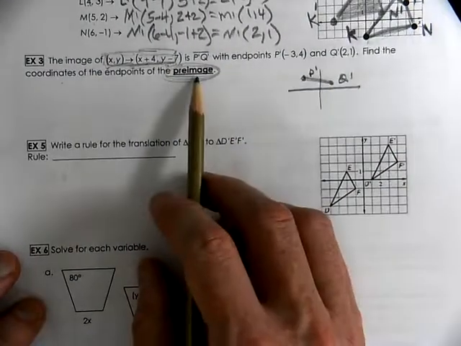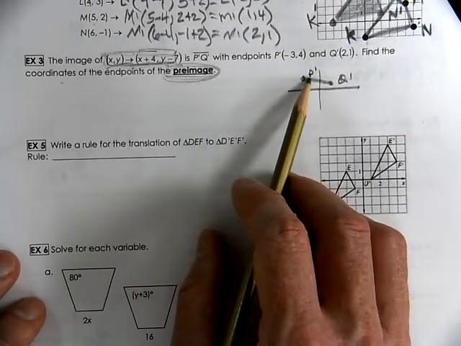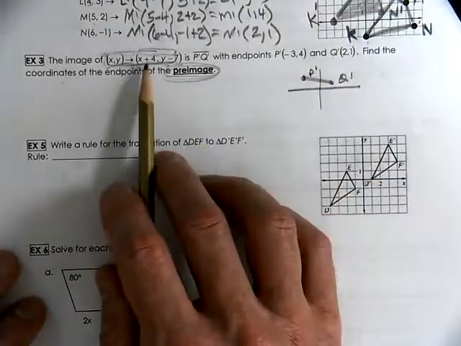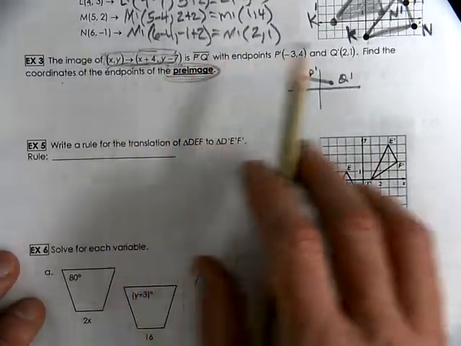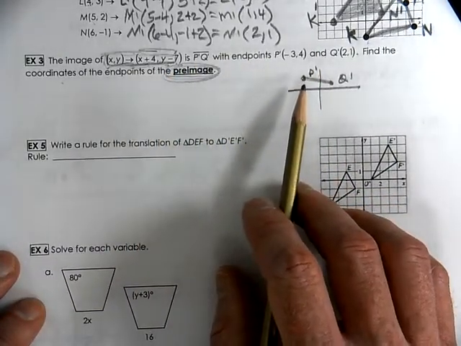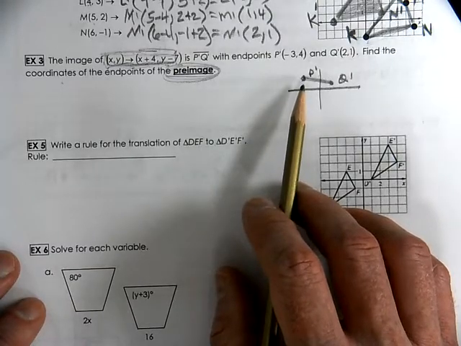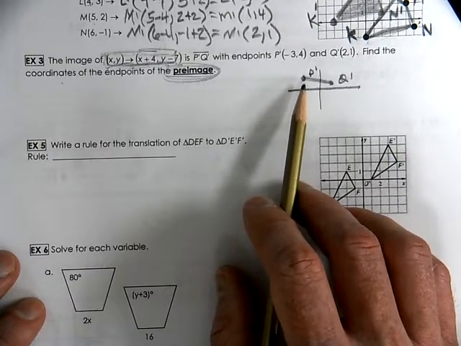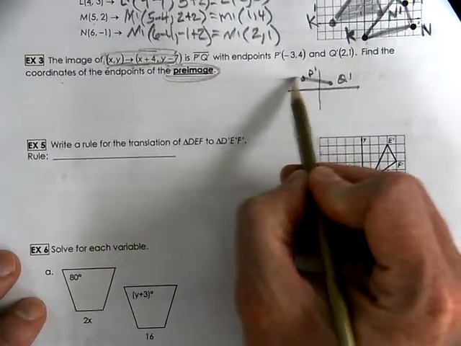So what are we going to have to do to figure out where they came from? If we move some points 4 to the right and 7 down, and we landed here, where did we come from? 4 left and up 7.